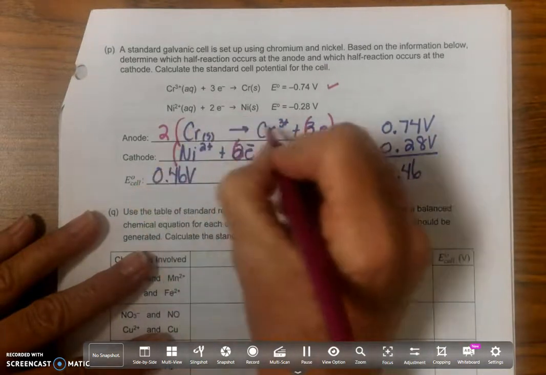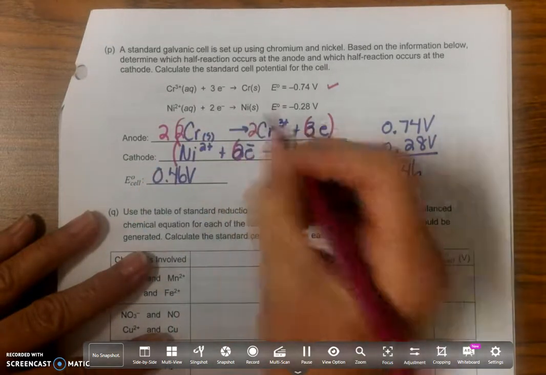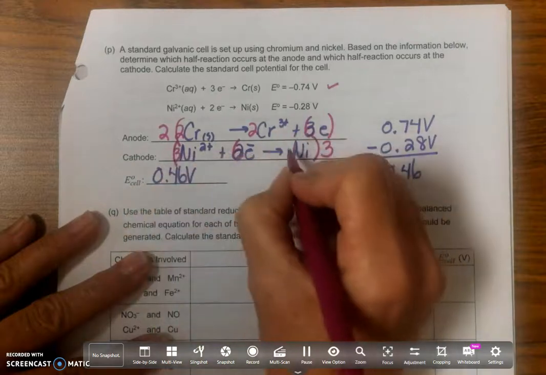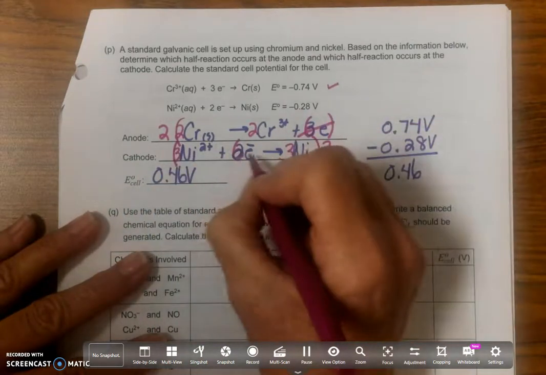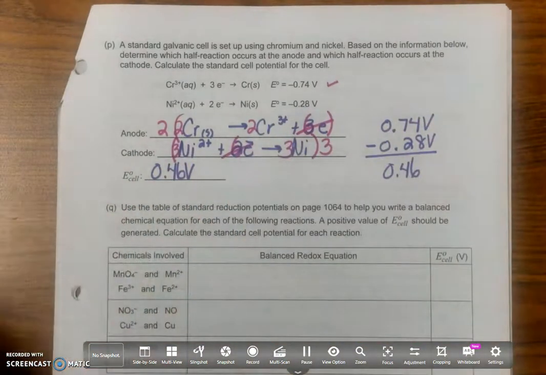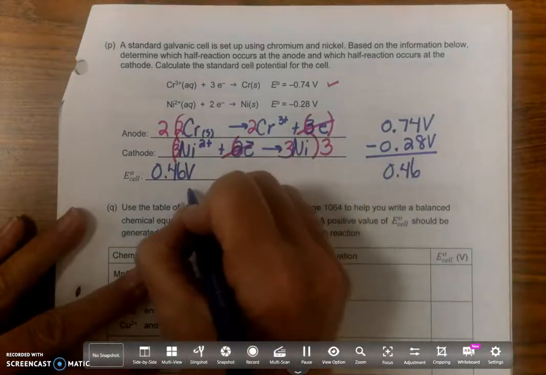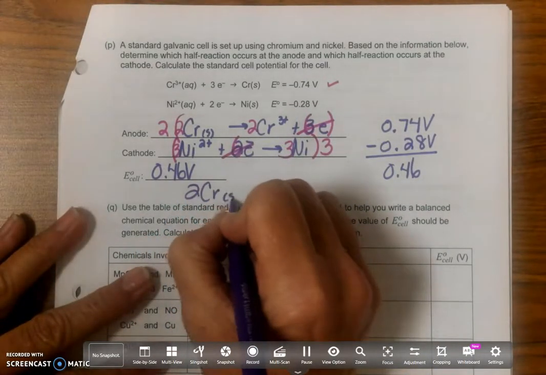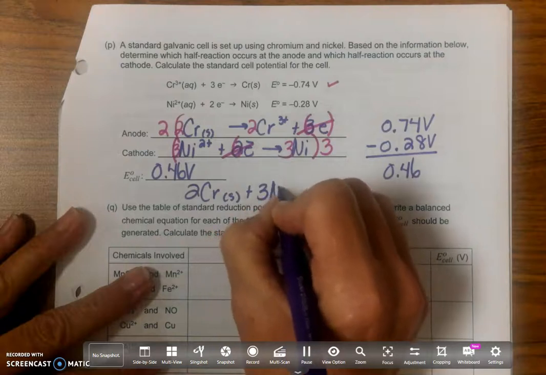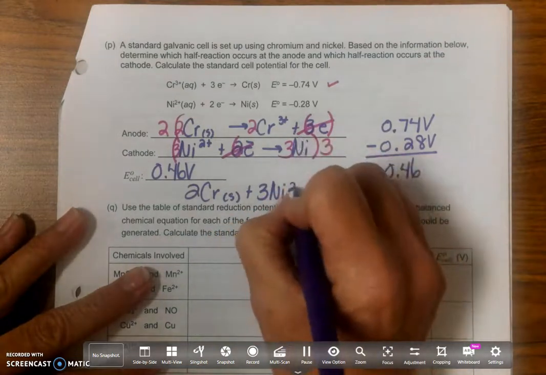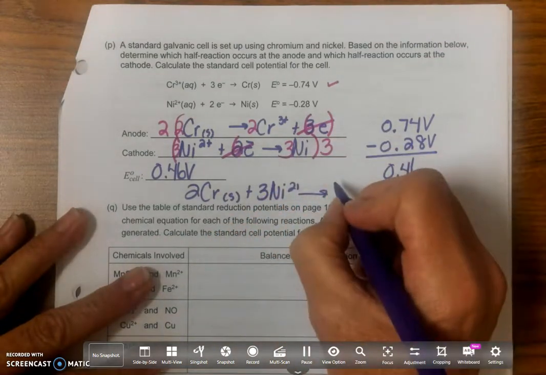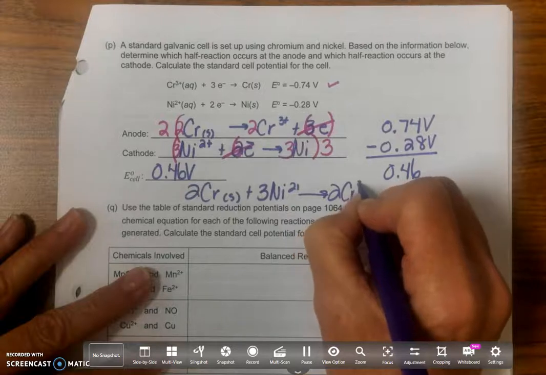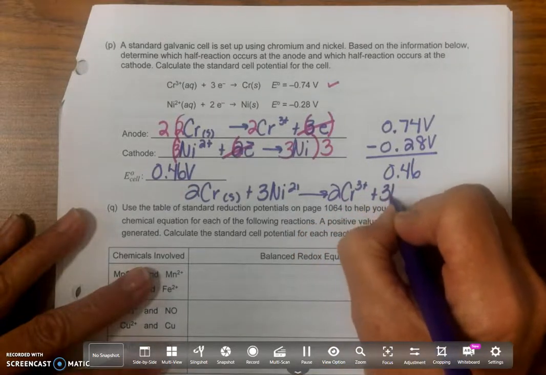That's a 6. 2, 2, 3, 3. That goes away. That goes away. And my final equation will be 2 Cr solid plus 3 Ni2+ goes to 2 chromium 3+ plus 3 nickel solid.